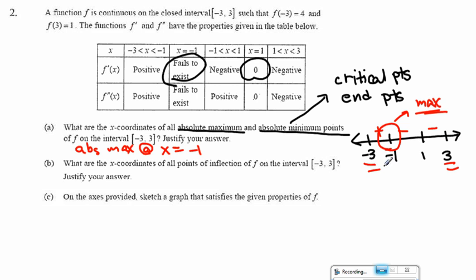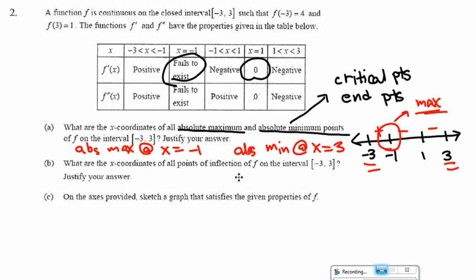Now, we have two minimum points, since the function keeps going down, when x equals 3 versus when x equals -3. But we know these two values, because when x equals -3, the y value was equal to 4, and when x equals 3, the y value was equal to 1. Therefore, the absolute minimum is at x equals 3.